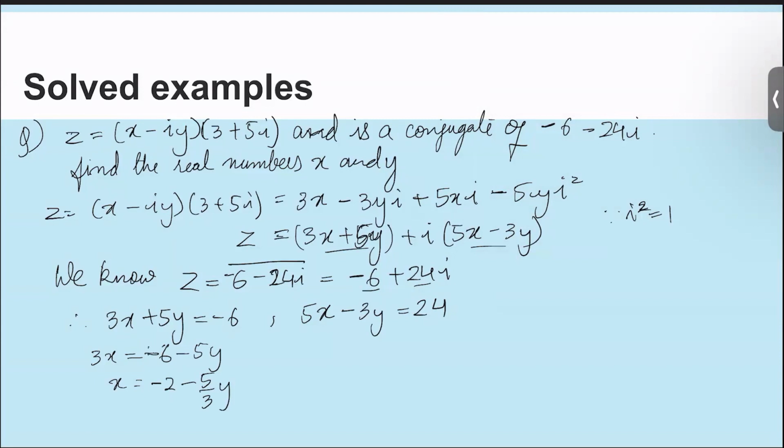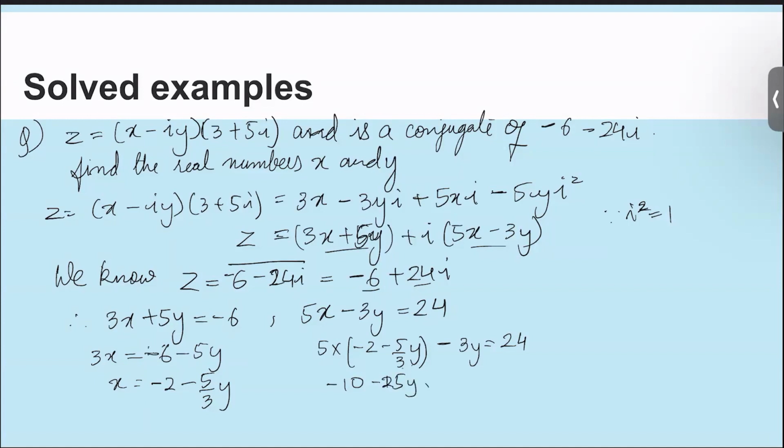Okay, so substitute for your x over here. You will get 5 into (minus 2 minus 5 by 3y) minus 3y is equal to 24. We get minus 10 minus 25y.